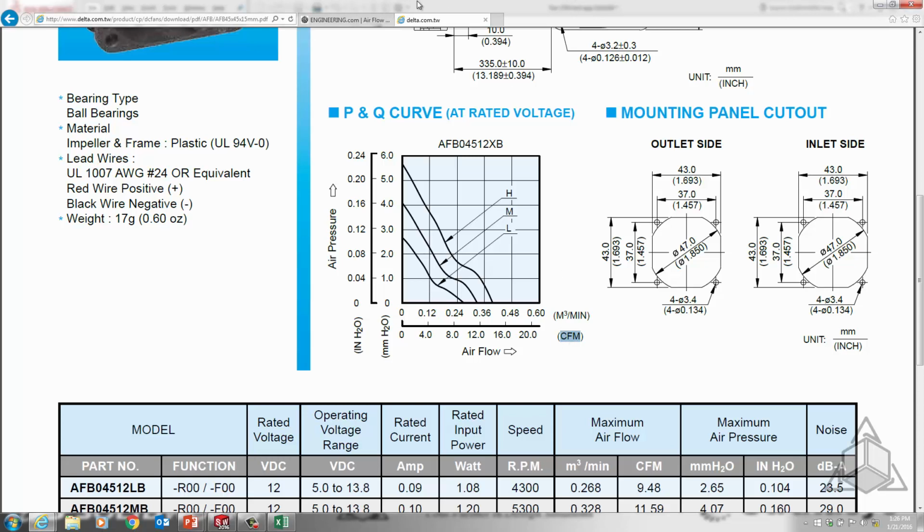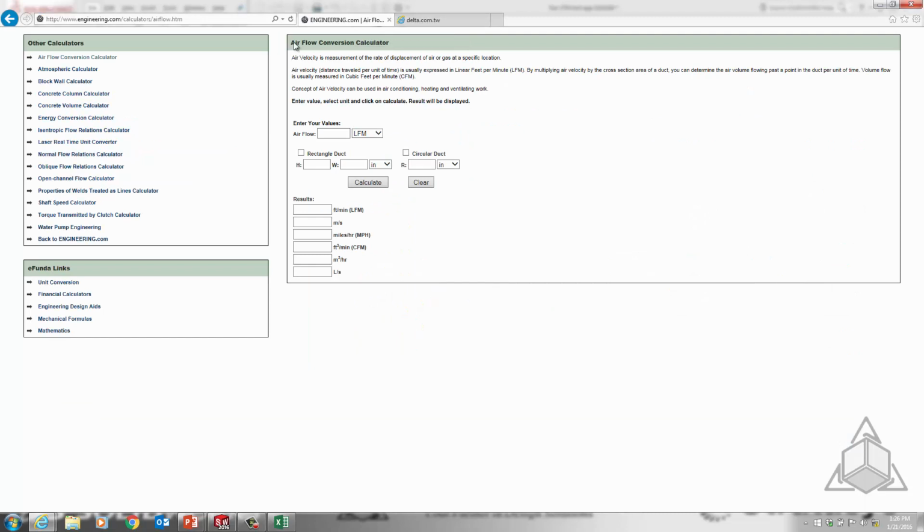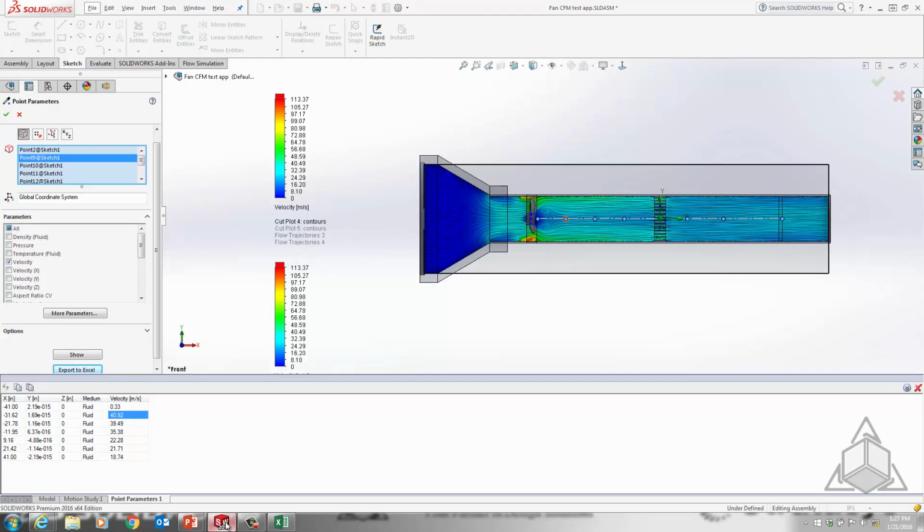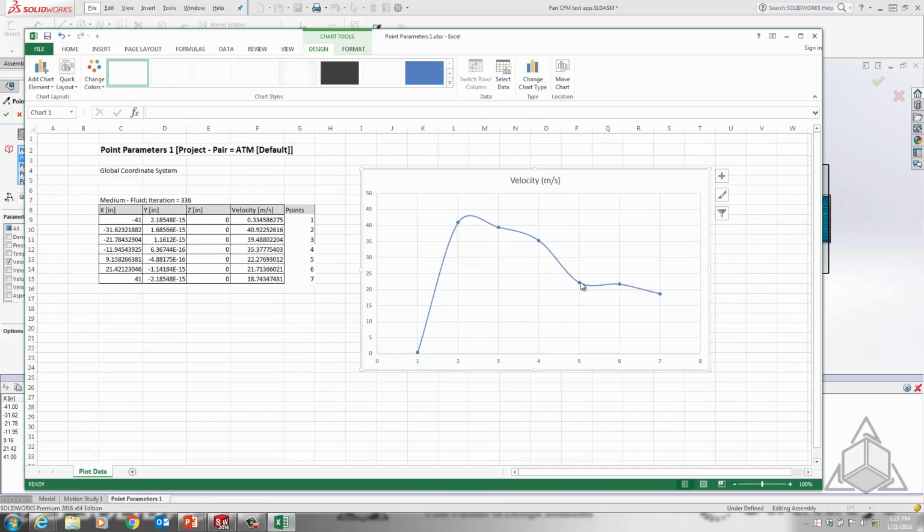So if you go to something like engineering.com, they typically have an airflow conversion calculator. So if you put in, say, your meters per second here, and if we go back to mine, we were looking at, let's say, some average of 30, right?